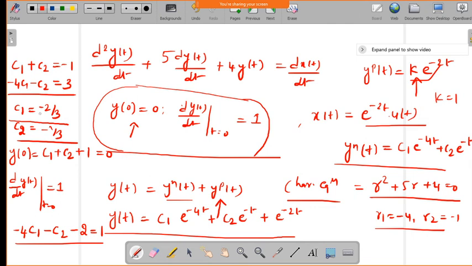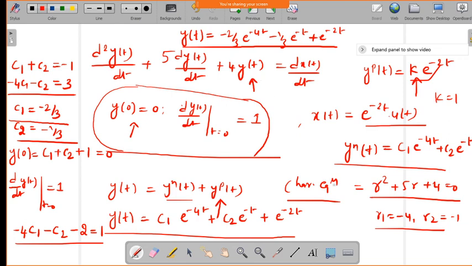So, what is y(t)? The complete solution y(t) is nothing but the natural response, where C1 is minus 2 by 3 into e power minus 4t, and C2 is minus 1 by 3 into e power minus t, plus the particular solution, which is plus e power minus 2t. Okay. So, this is the complete solution of the system, which is given by this differential equation.